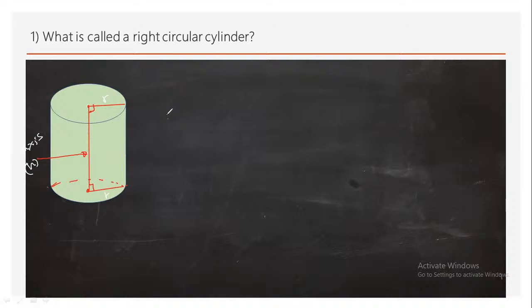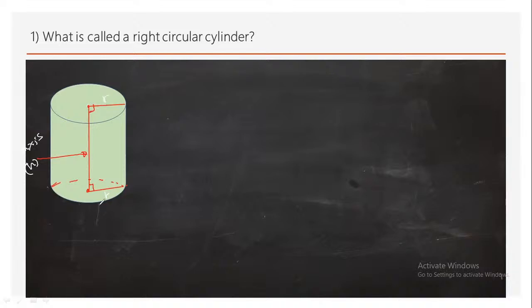There are cylinders which are not right circular, but here we are not going to talk about them. In this chapter, we only talk about right circular cylinders. What does the term circular mean? Circular means any cross section perpendicular to the axis is circular in shape. If you take any cross section, it is equal to this circular shape.